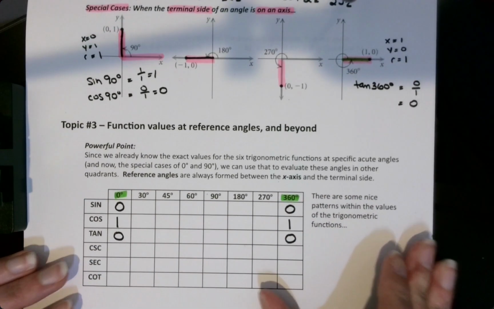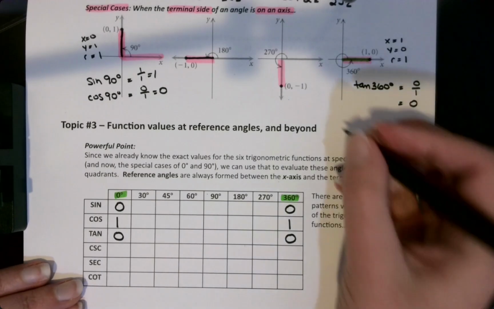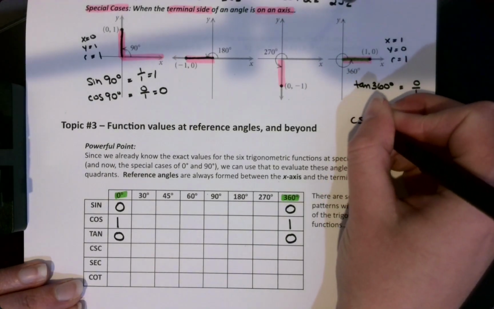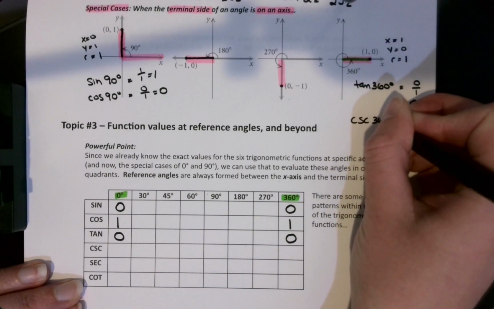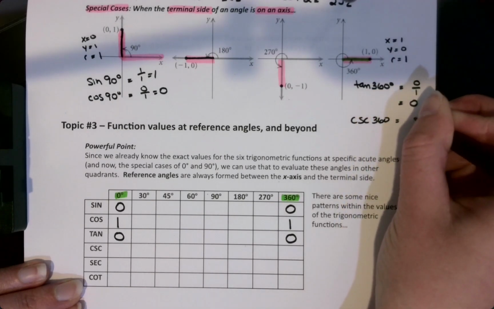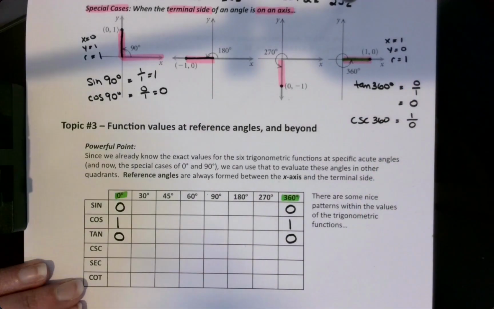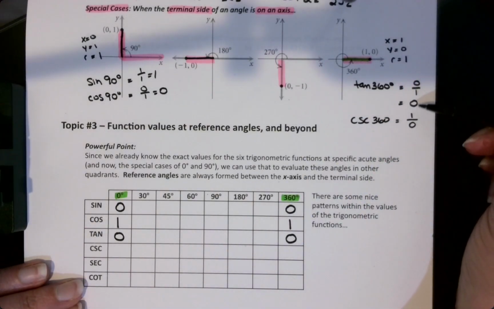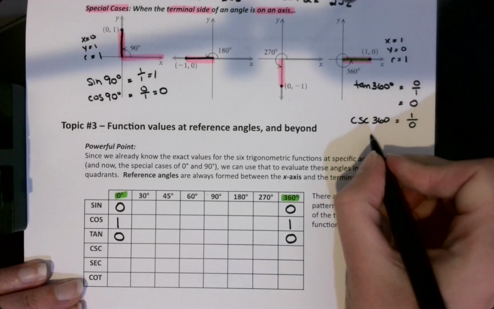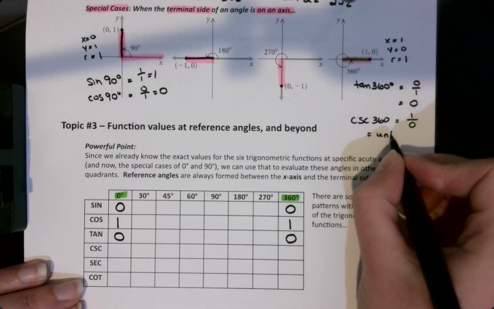And now we get into the cosecant. For the cosecant, I would need to take the r value, 1, divided by the y value, which is 0. So 0 divided by 1 is 0, but 1 divided by 0 is undefined.